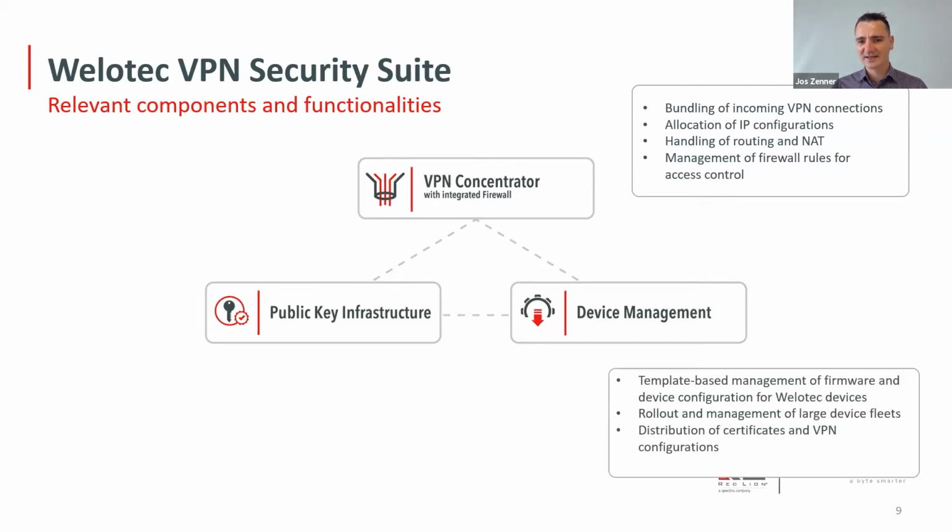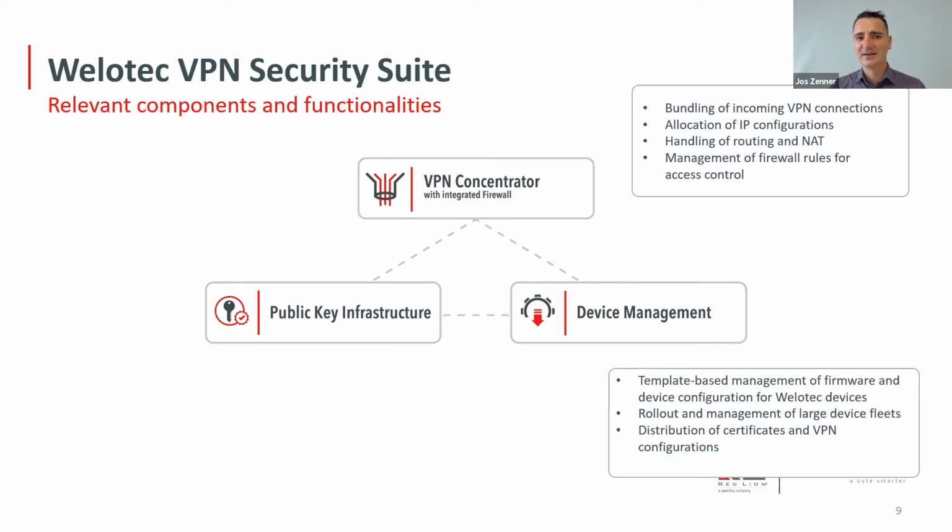In addition to that, we have the device management, which is important for scaling up. So the configuration of routers, edge devices, but also the FlexEdge from Redline is fully automated. It's template-based, so you do not need to go there locally to configure anything.